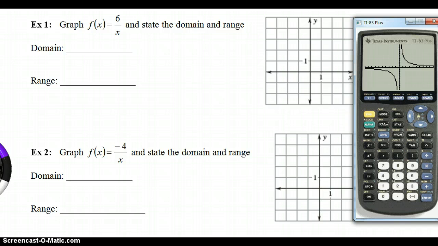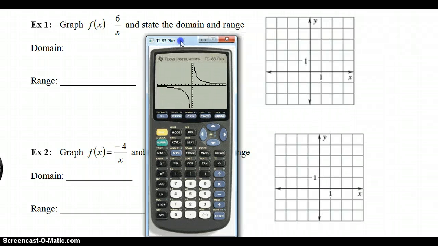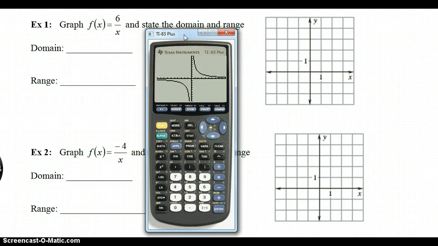Let's see if I can get this over here so you can see how we get these values. So we're going to have what's called a horizontal asymptote, where the curve gets closer and closer. I want you to graph that with a dashed line. And you can see the vertical asymptote is the one up and down.